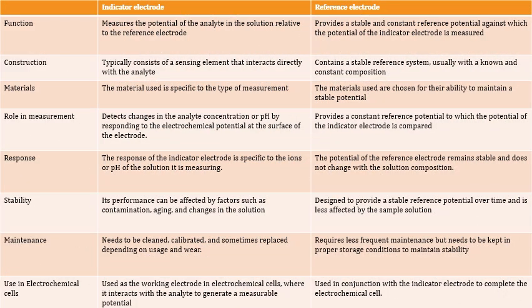Indicator and reference electrodes are both crucial components in electrochemical measurements, but they serve distinct roles in the process. Here is a detailed comparison. Number one, the function. The indicator electrode measures the potential of the analyte in the solution relative to the reference electrode.